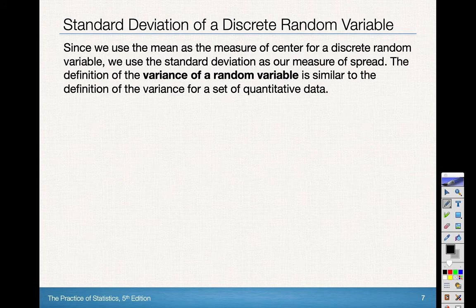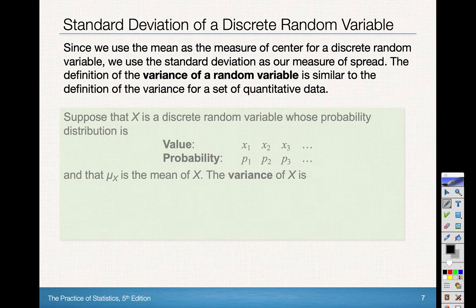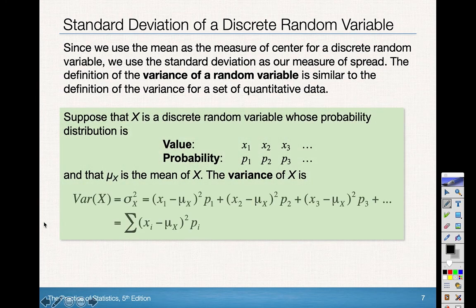So if you have a mean, you have a standard deviation, because if you have a center, you have a spread. Since we use the mean as the measure of center for a discrete random variable, we will use the standard deviation as our spread. The definition of the variance of a random variable is similar to the definition of the variance of a set of quantitative data. How does it work?